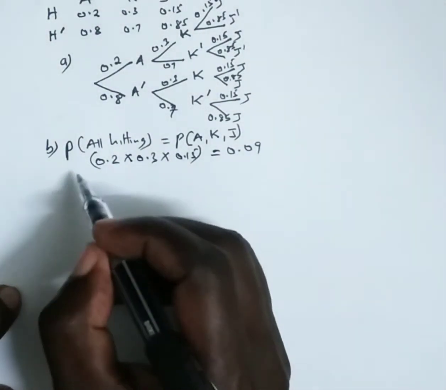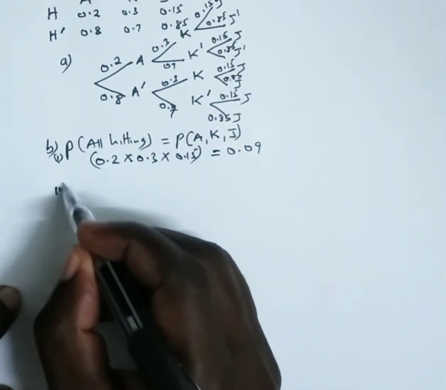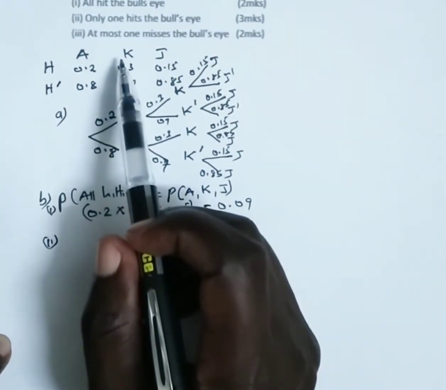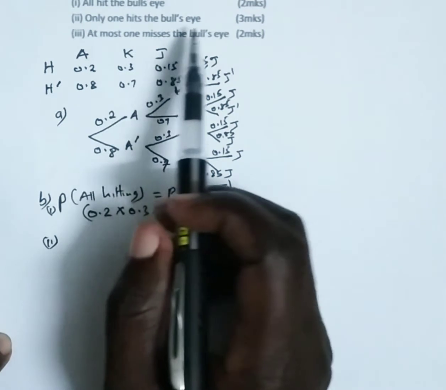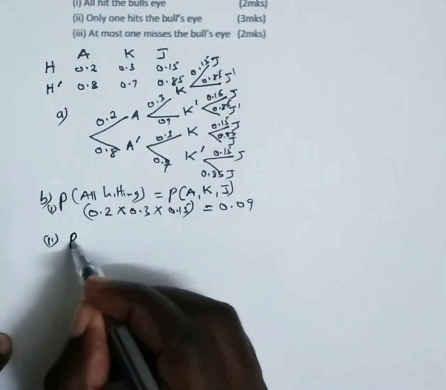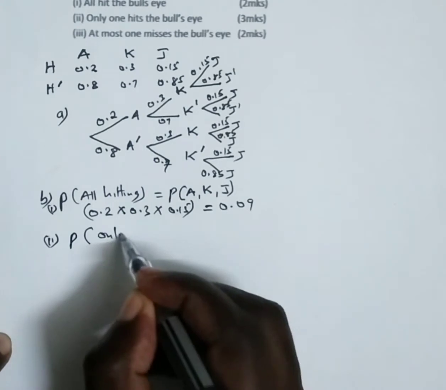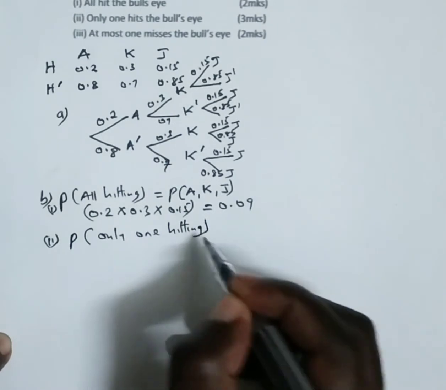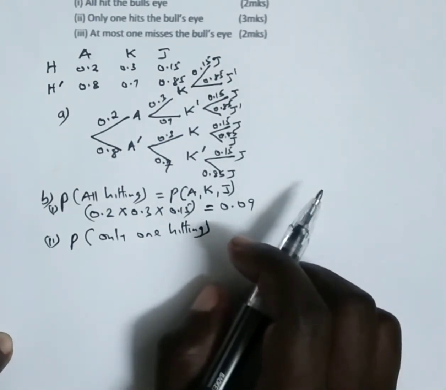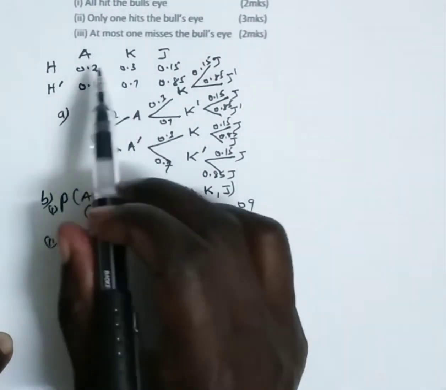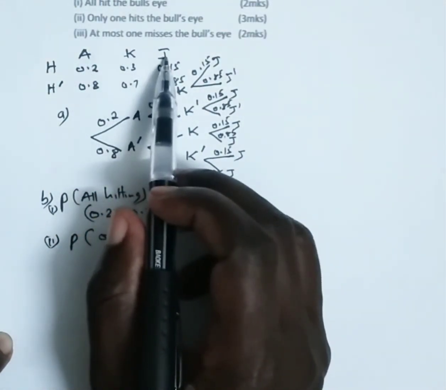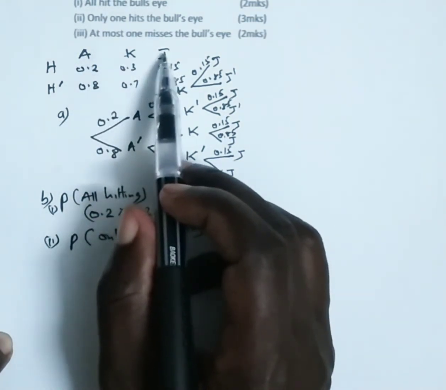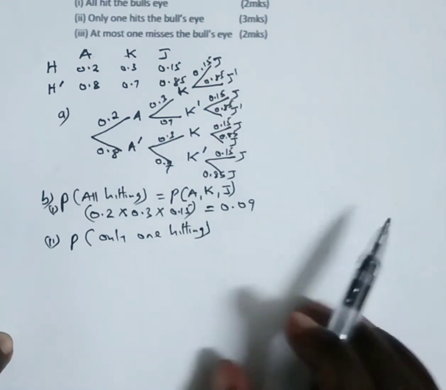Next is Roman 2 of part B. We are supposed to find the probability that only one hits the bull's eye. Only one hitting means if Akinyi hits, Kamau and Juma will miss, and if Kamau hits, Akinyi and Juma will miss, and if Juma hits, the two will automatically miss.